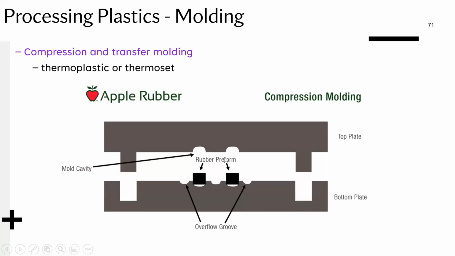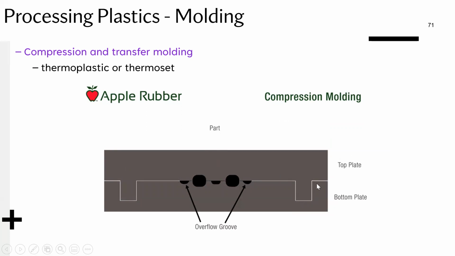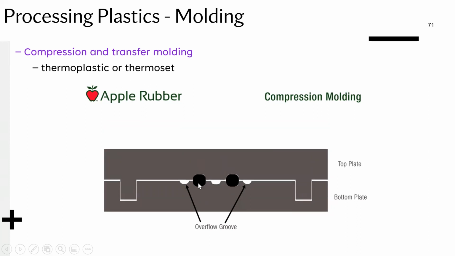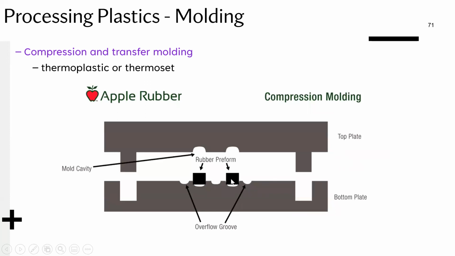The reason I say it doesn't matter is because it's not always as easy as two extruded and cut pieces. It can have internal pieces, it can have cores, it can have lots of intricate features to produce that part. So it's not as easy as just calling it an extruded part and a cut part. That's why you just call it the top and bottom piece of the mold, top and bottom plates.